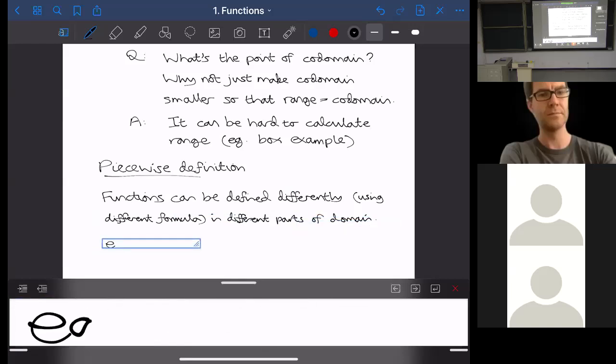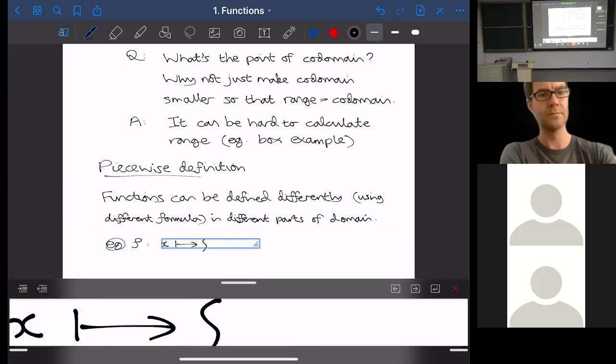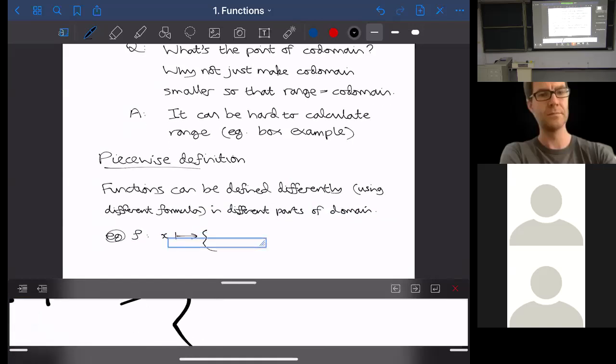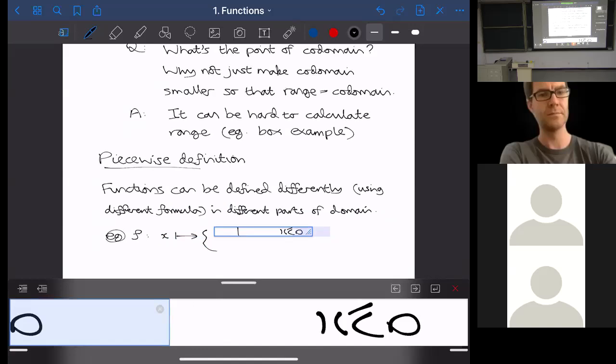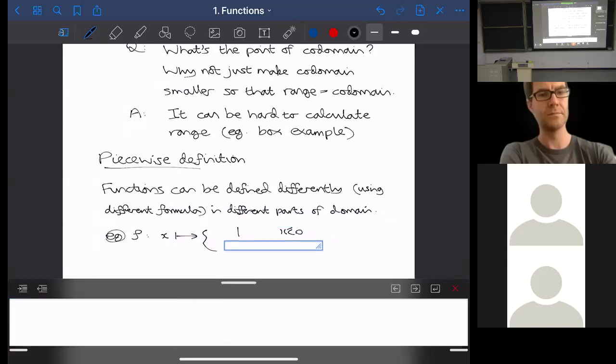So we write it like this. Example: a function f takes x as input and gives back 1 if x is 0 or less, and 1 minus x squared if x is 0 or greater.